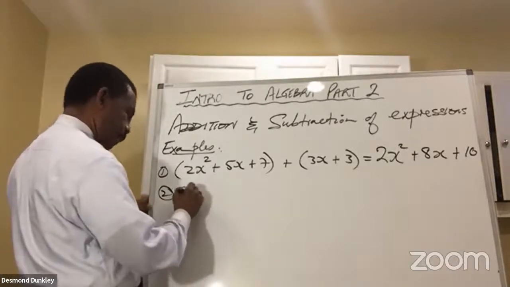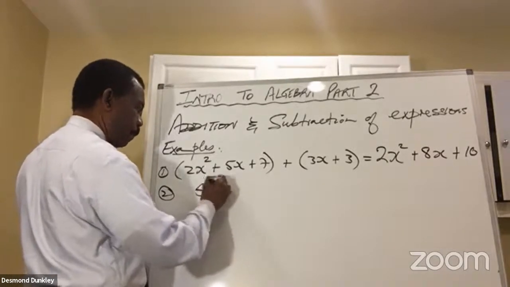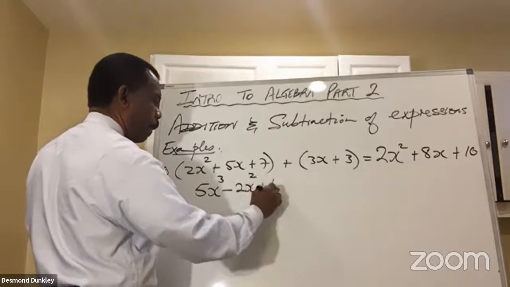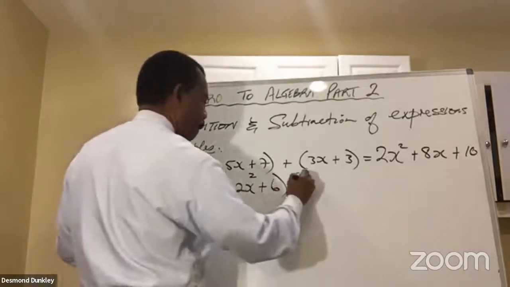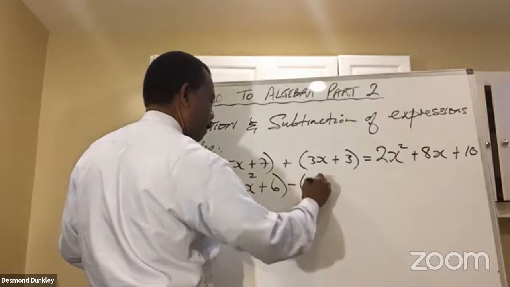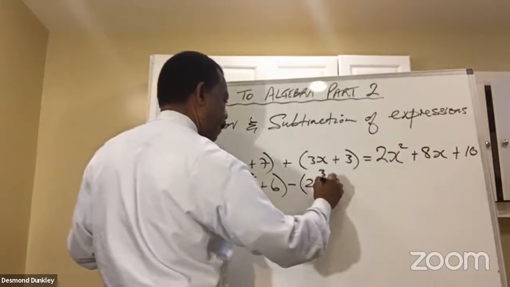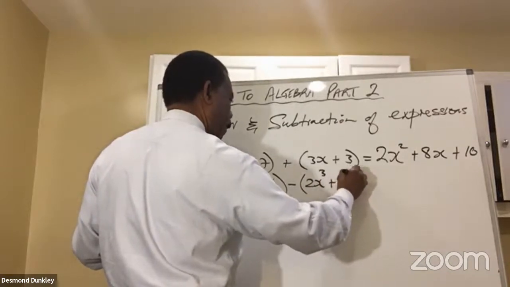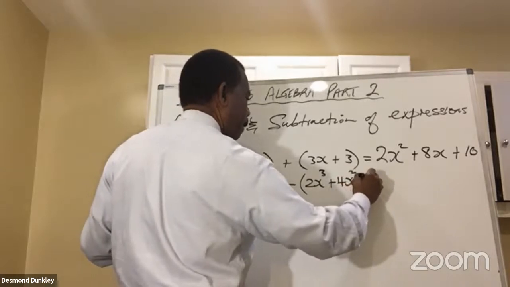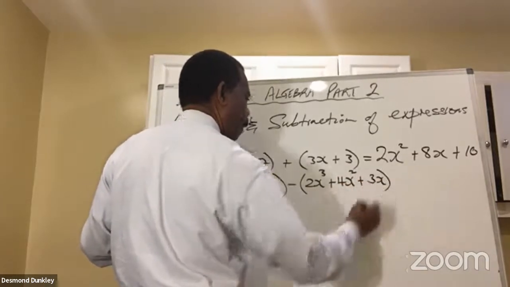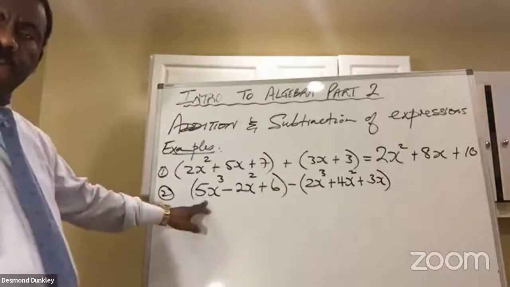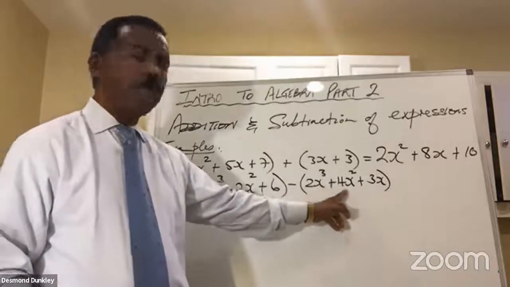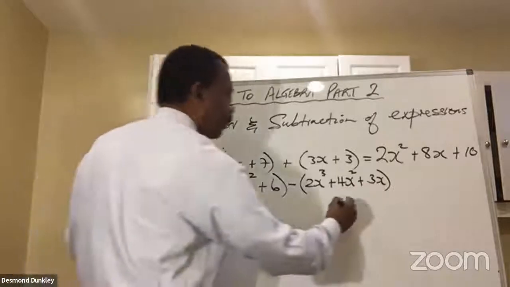If we have 5x cubed minus 2x squared plus 6 minus 2x cubed plus 4x squared plus 3x, what is that equal to?